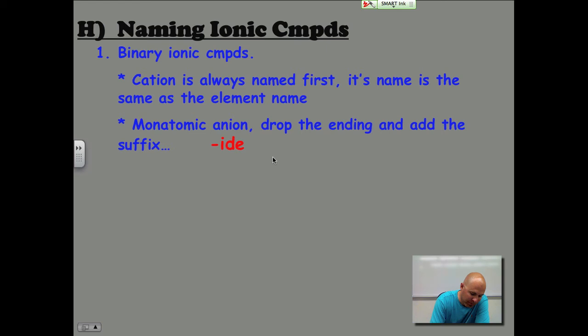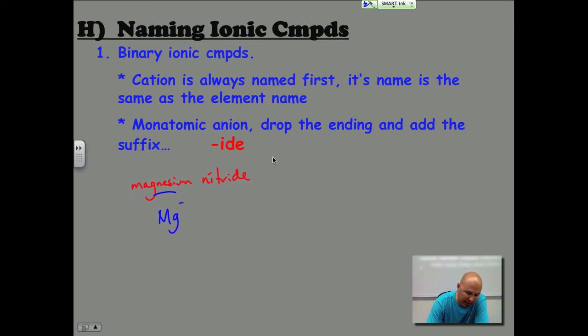So let's say I gave you magnesium nitride. Magnesium nitride. Well, again, the magnesium describes that it's a cation. It's listed first.